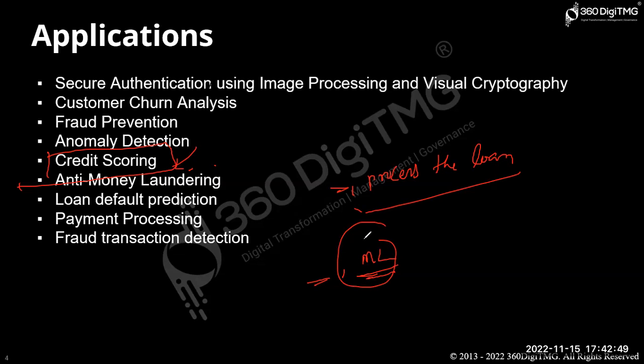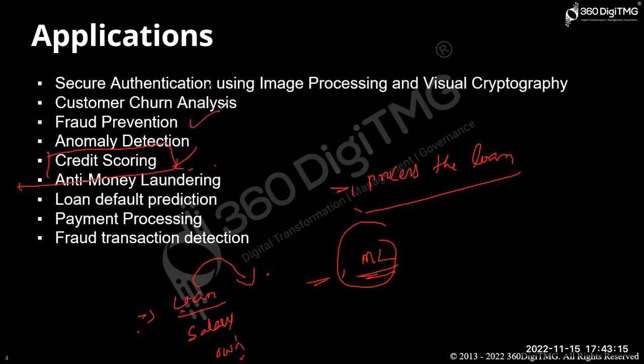What is credit scoring? Previously, whether that particular person has taken any loan, and if he has, did he pay it back in time? What else does he have? Whether he has a good salary, whether he has his own house.